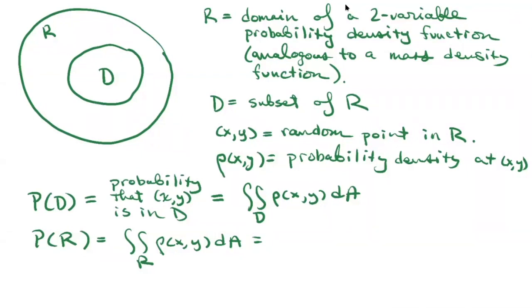So what's the probability that (x, y) is in R? I guess I could write this out. This is the probability that (x, y) is in R. Any statements? 100%. That's right, Bilal. This will come out as the number 1, which is 100%.